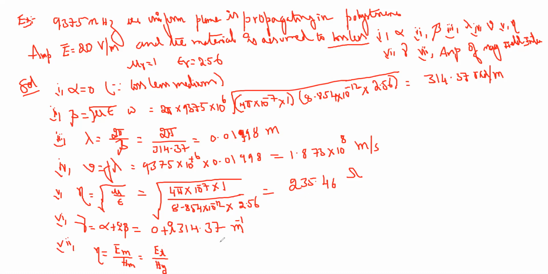The eta, we got 235.46, is equal to the electric field, which is given as 20, by the Hy. That implies Hy is equal to 20 by 235.46.